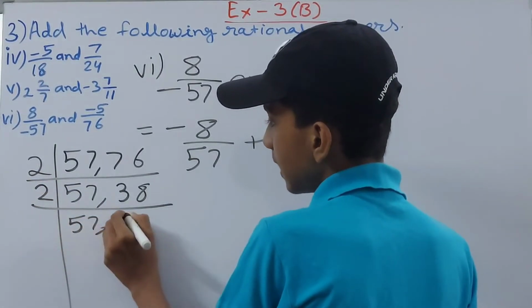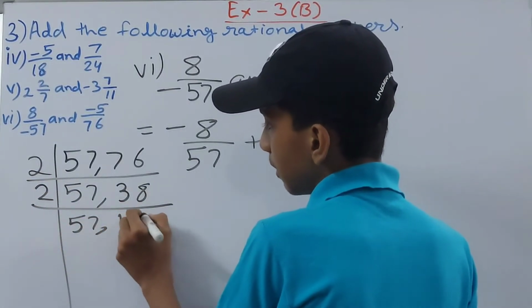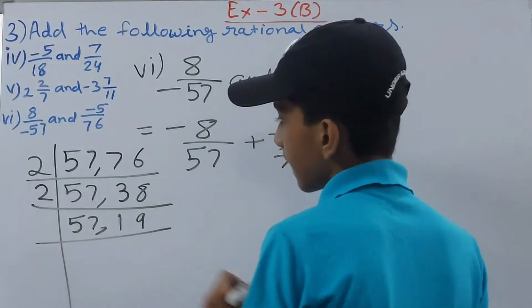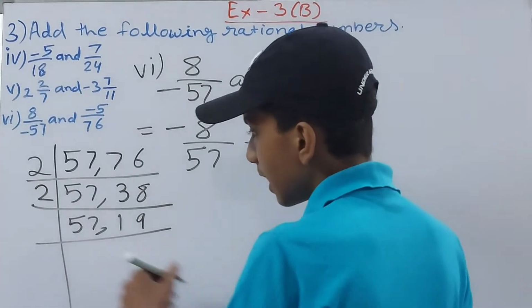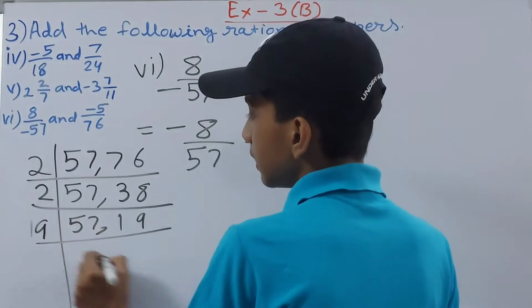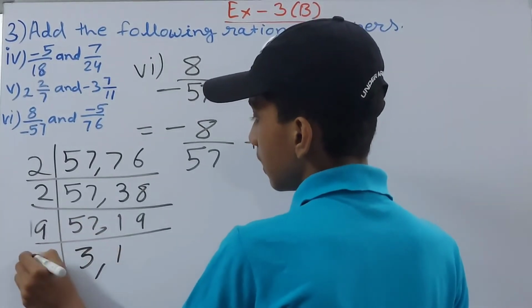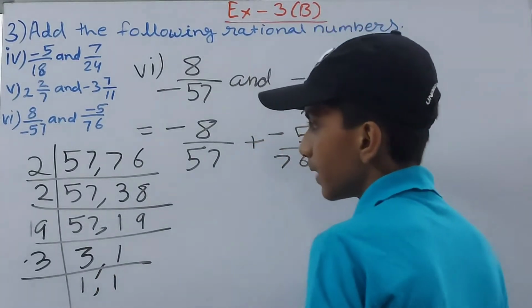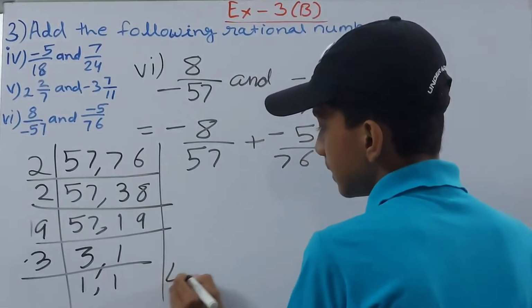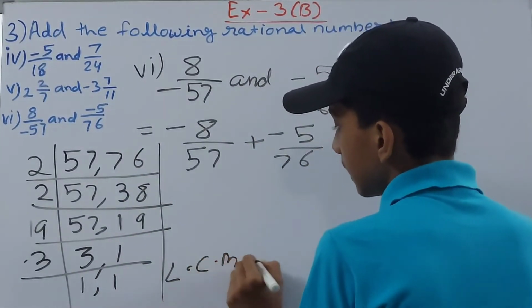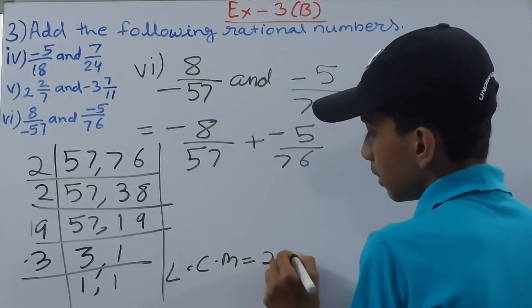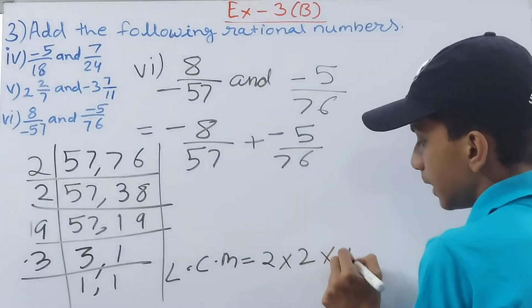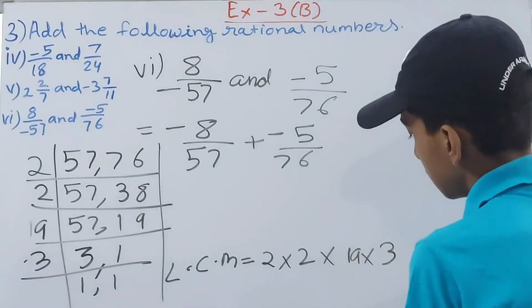So 57 and 19 there, right? Now 57 and 19, they will go by 19. So this will be 3, this will be 1. Now by 3, so 1 and 1, right? This will be LCM, right, is equal to 2 into 2 into 19 into 3, right?